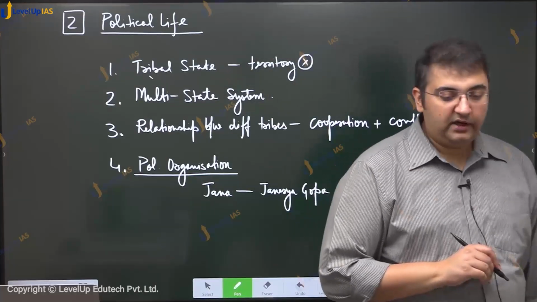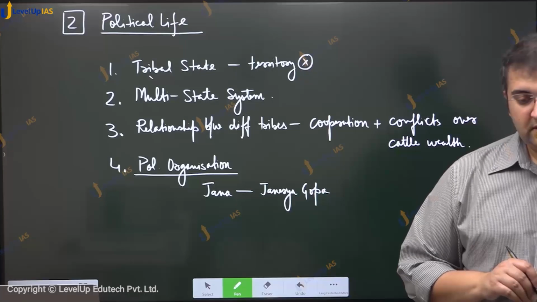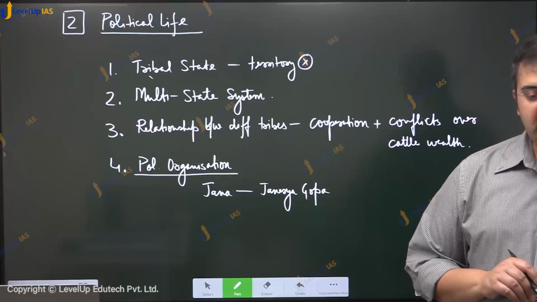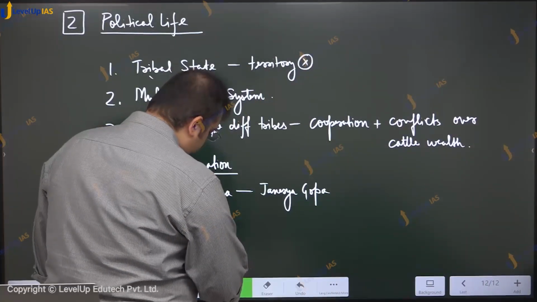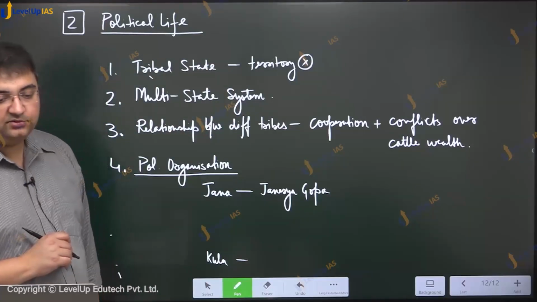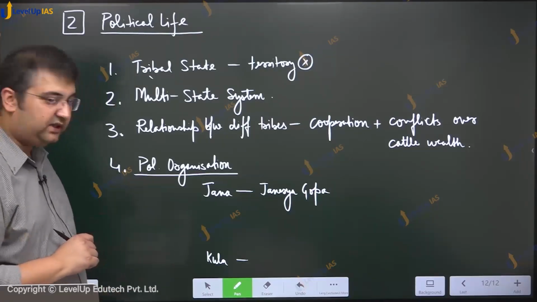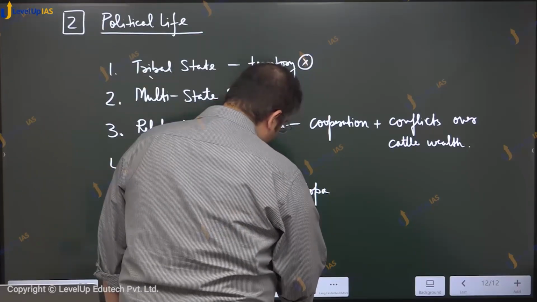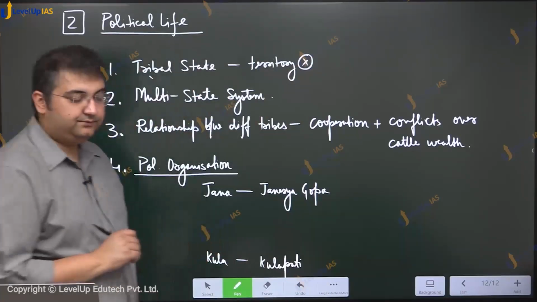What was the smallest unit of political organization? Was it the individual or some other entity? Not individual, rather it was the joint family or kul. All political decisions were in the hands of the leader of the household. Who was the leader of the household? The eldest male, known as the kulpati.